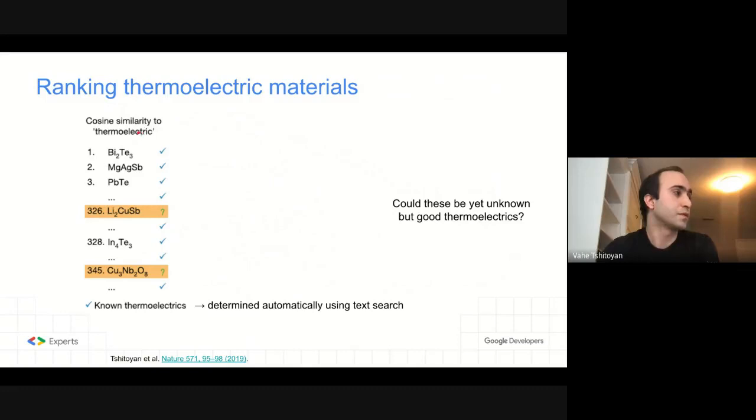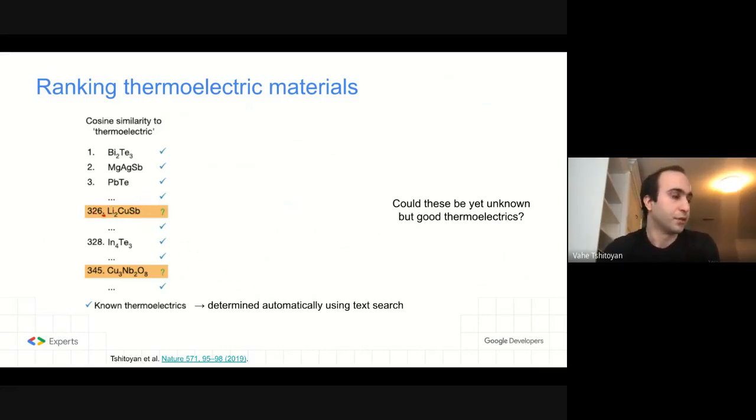When you do this, you take the word thermoelectric, multiply, and rank, and the first 325 materials are actually known thermoelectric materials, which is good because known thermoelectrics have high probability to be mentioned with the word thermoelectric.